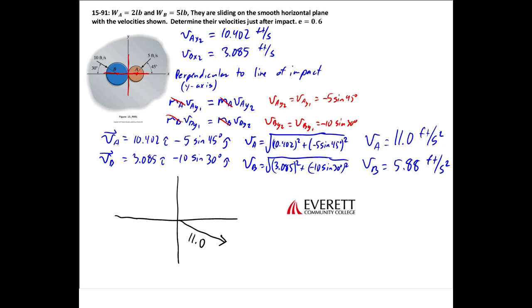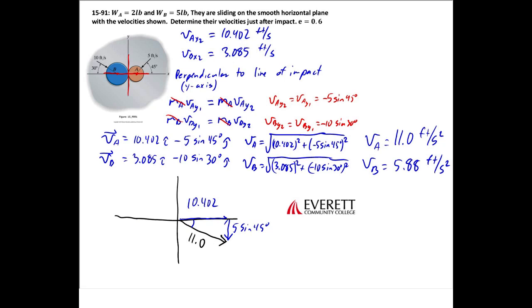The two components of it are going to be 10.402 in the positive i direction, and in the negative j direction going to be 5 sine of 45. You could do the same thing for B. If you need to find the angle, you take the inverse tangent, sine or cosine, and find the angle there.